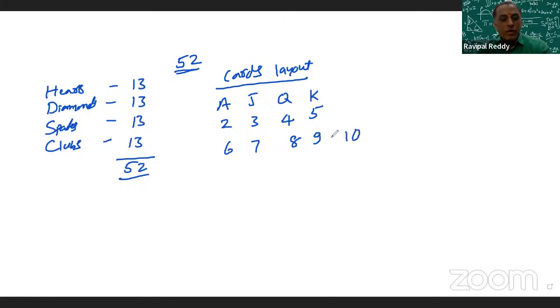These are 10 cards, that is 9 digits and 4 alphabets.